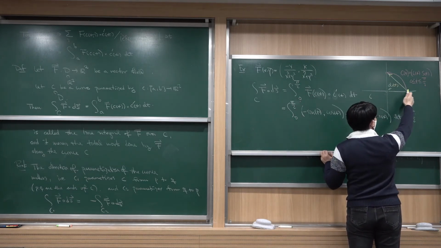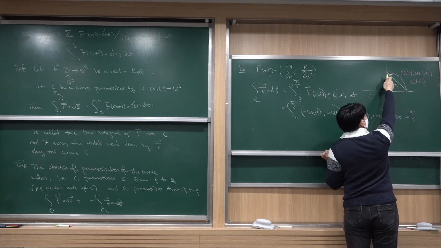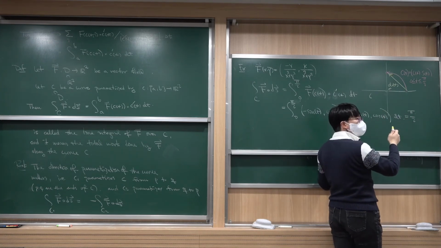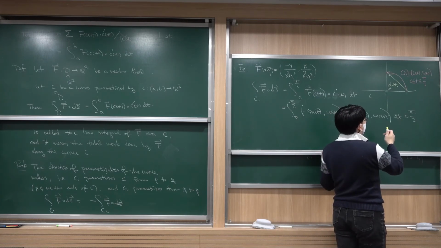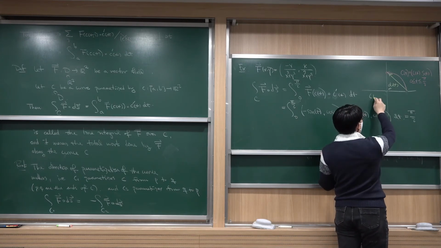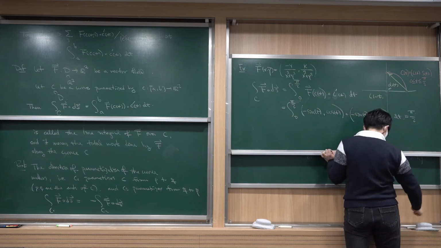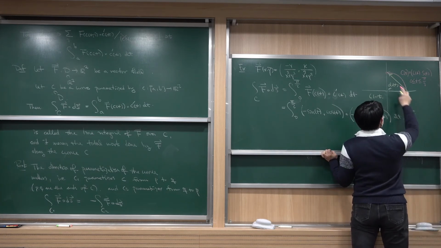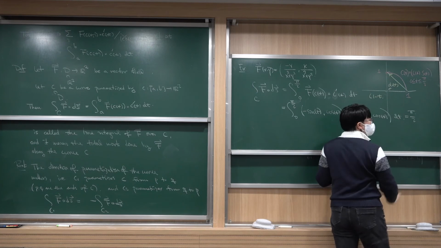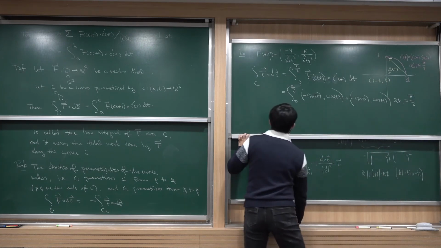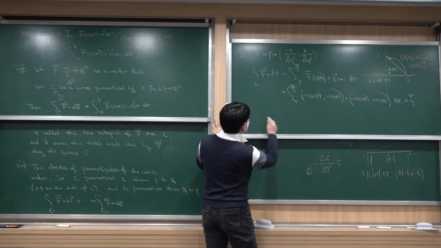When t equals 0, let's say we start from here and end here when t equals 1. It's (1 minus t, t), a straight line from (1, 0) to (0, 1), right?